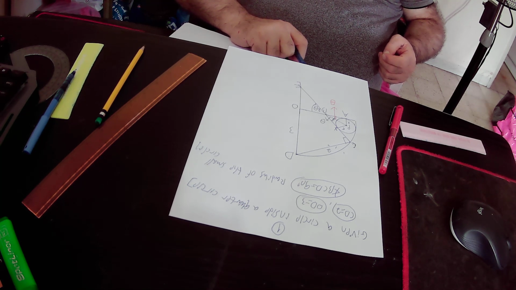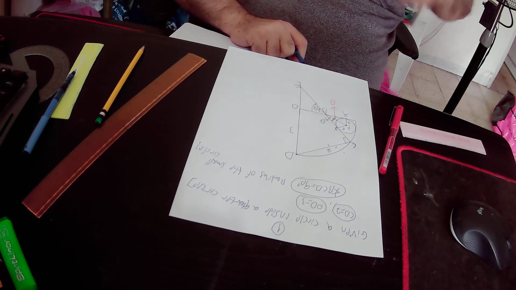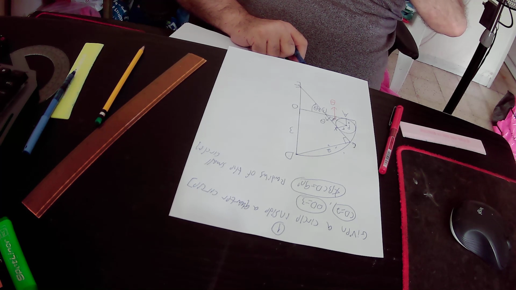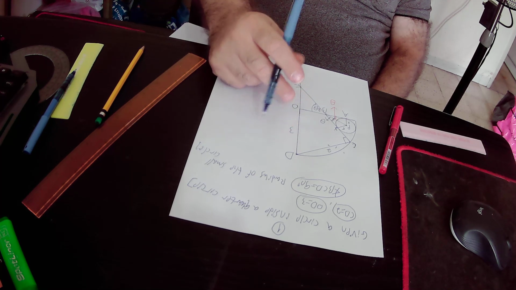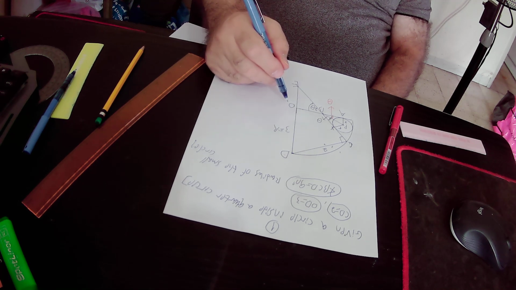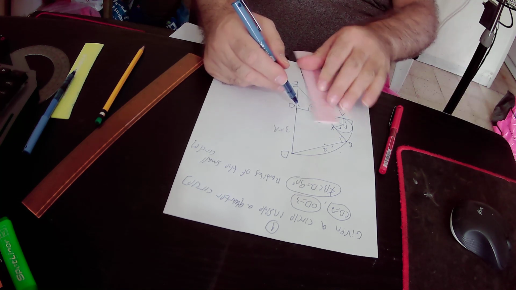Okay, and from the fact that we have here a quarter circle, we can conclude that DO is the radius of the quarter circle, and also that angle DOB is a right angle, that is to say it equals 90 degrees.